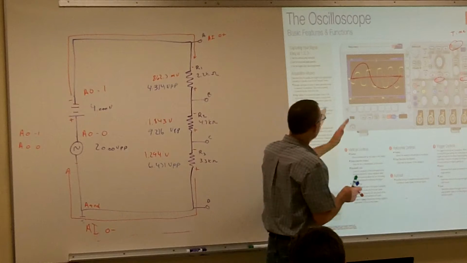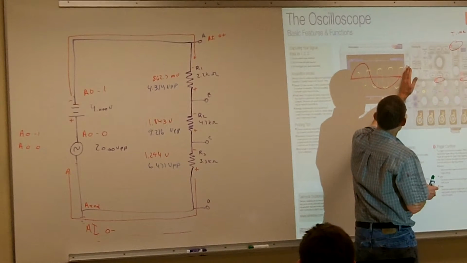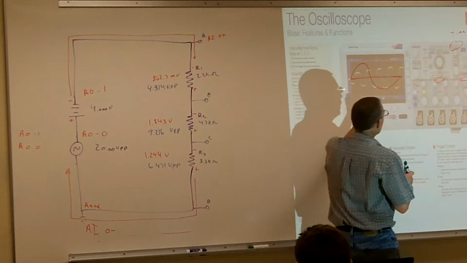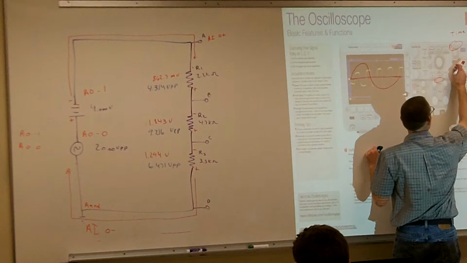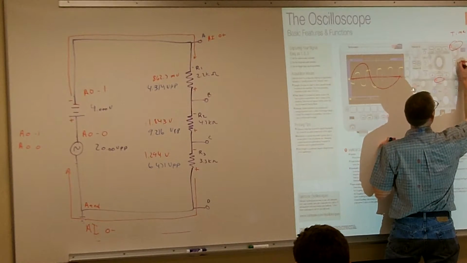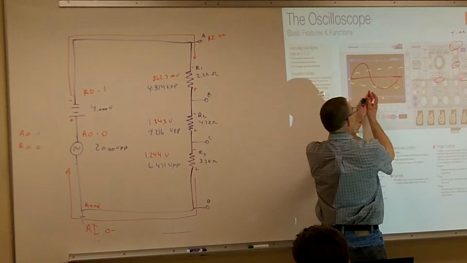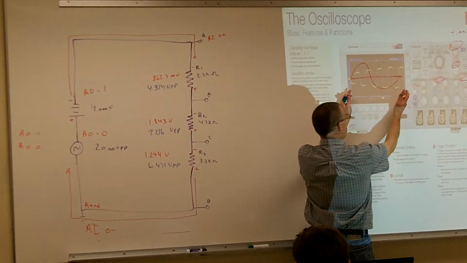Now, one complete cycle might not get to all 10 divisions. It might only come up to 8 divisions. So I want to adjust my seconds per division. That's this knob here. I'm going to adjust my seconds per division so that I accommodate enough time so that I just display one complete cycle.